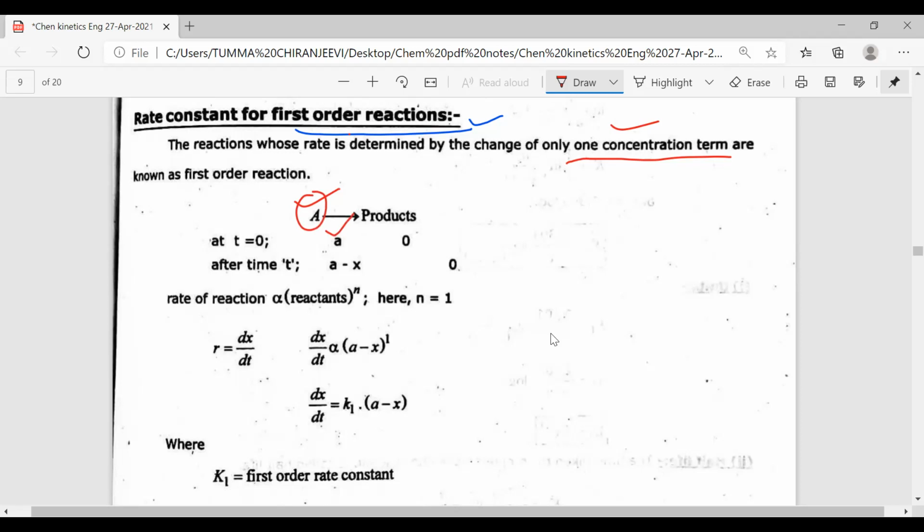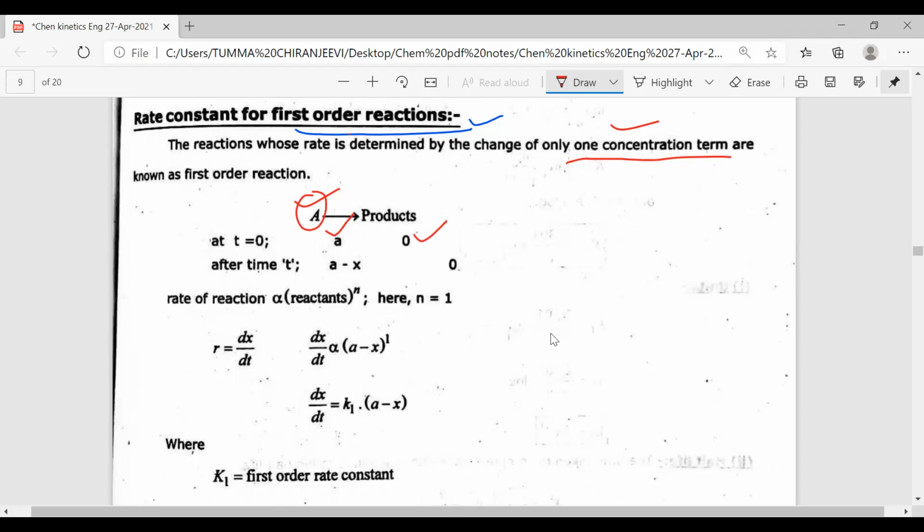That means at time 0, there is no formation of products, so the concentration of the products is equal to 0 at time 0.